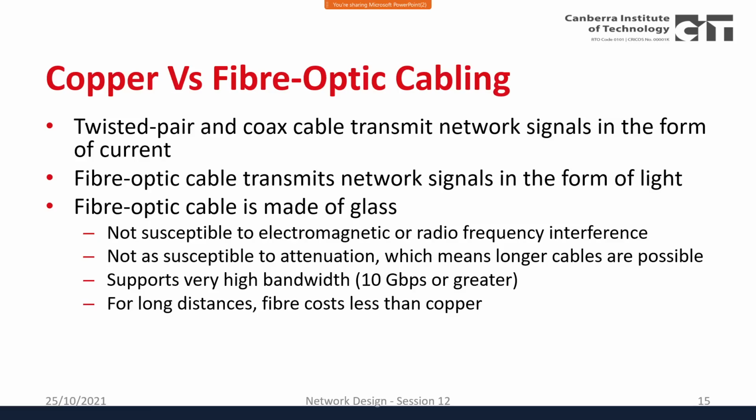One of them is that fiber relies on optical communications. You actually have pulses of light instead of electromagnetic current, electricity. So that basically means that fiber is less susceptible to interference from electromagnetic sources.